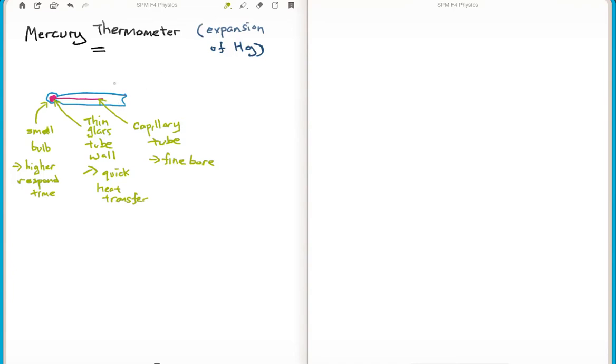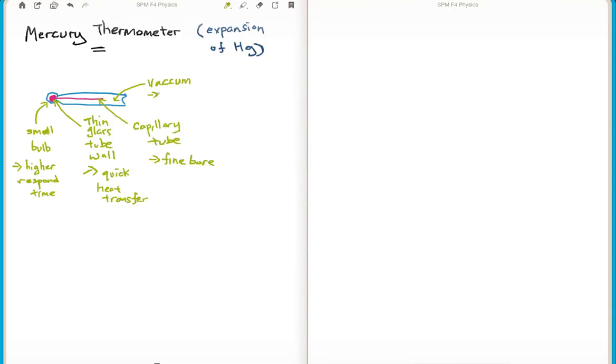Last thing, okay, this volume here is not filled by air, it's vacuum. If you have learned in the previous chapter, you need it to be vacuum. Otherwise, what happens? The air pressure will interfere with the expansion.